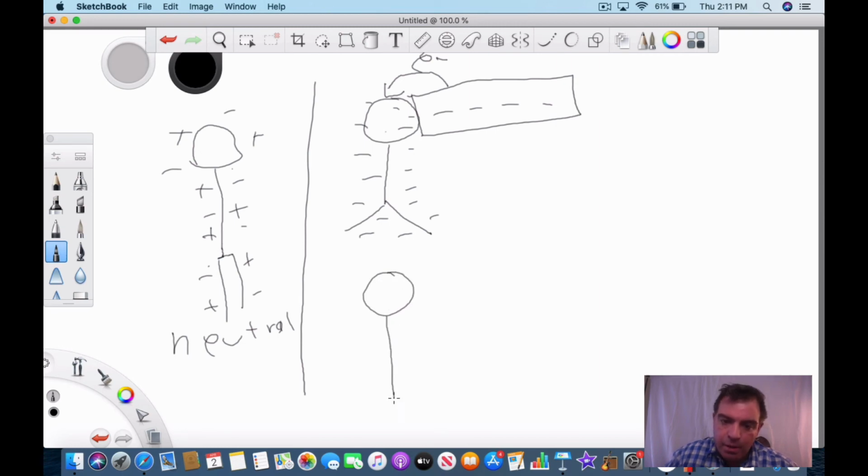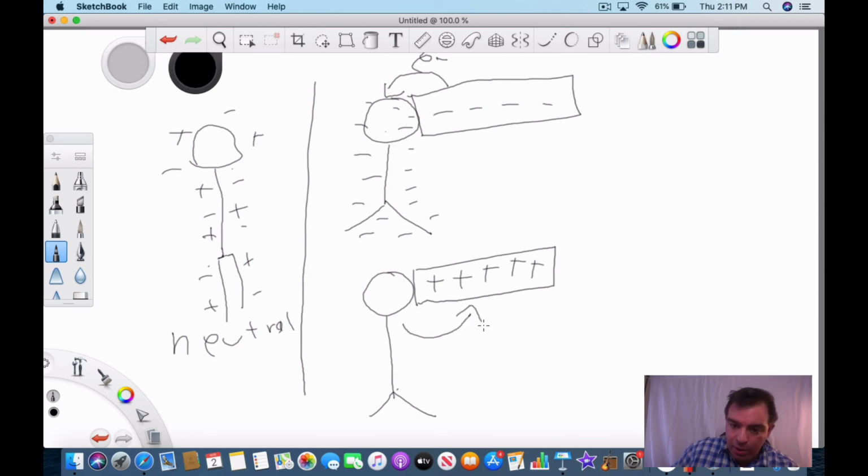And of course, here we go. We now touch it, so we're charging it by conduction with a glass rod, which is positive. So now what's going to happen? Electrons will flow from the electroscope to the glass rod, making it the same charge, which is positive.